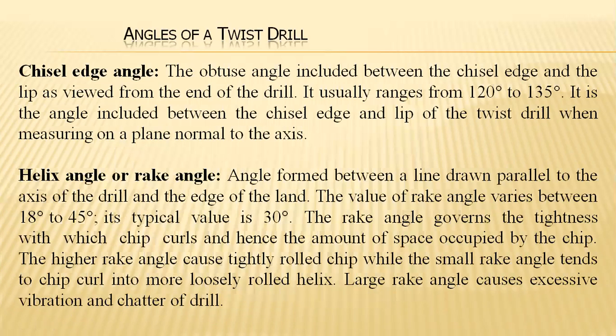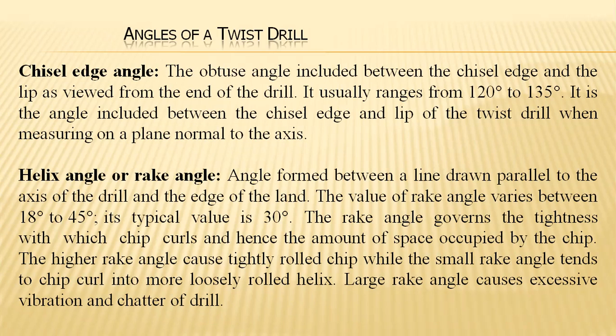Coming to the chisel edge angle, basically it's an obtuse angle, ranging between 120 to 135 degrees, which is the angle included between the chisel edge and the lip of the twist drill in a plane normal to its axis.